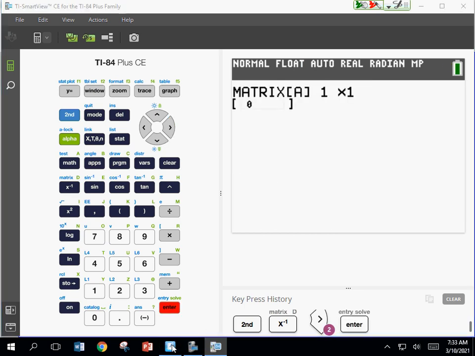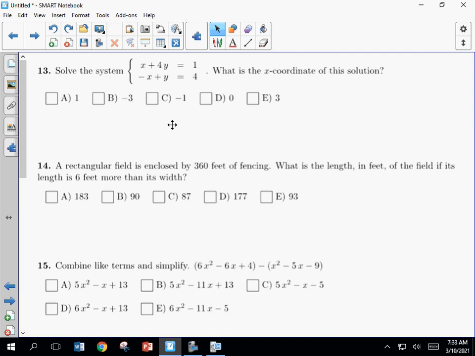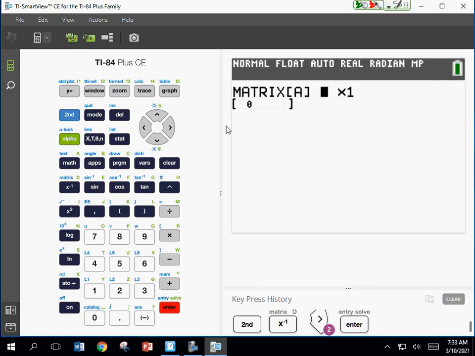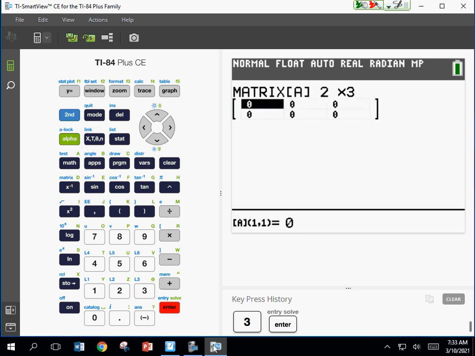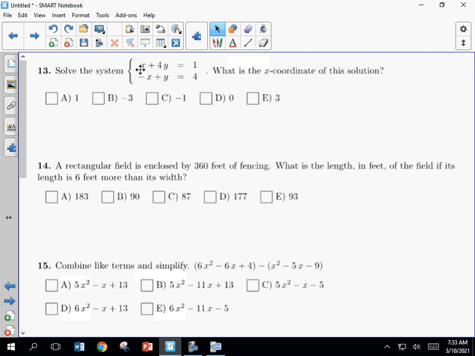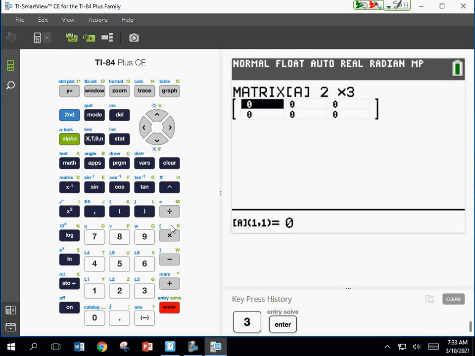Now, a matrix is rows by columns. So 2 rows, 1, 2, 3 columns. So it's going to be 2 by 3. All right, and then we're going to put in our numbers. Whatever numbers are in front of the variables; if there's no number, it's going to be 1.